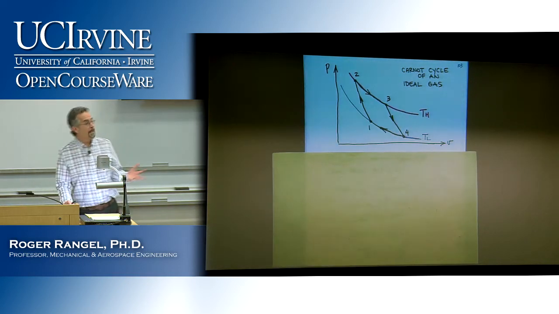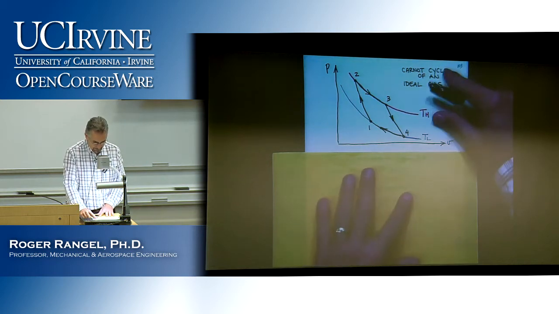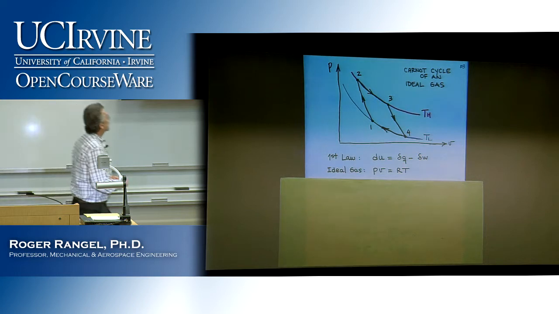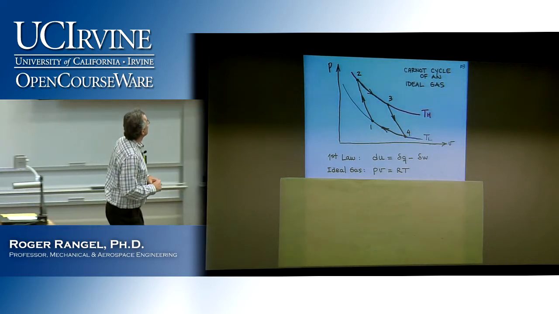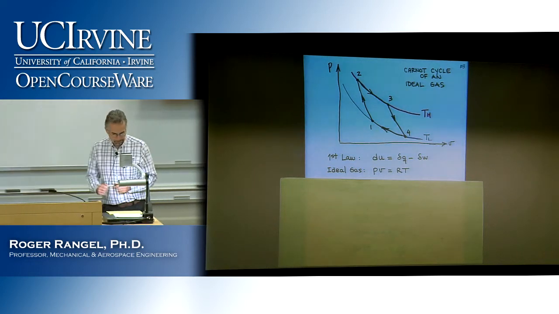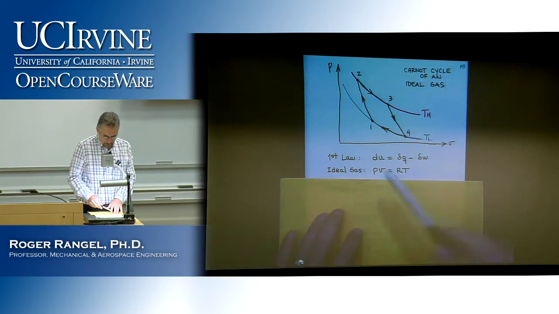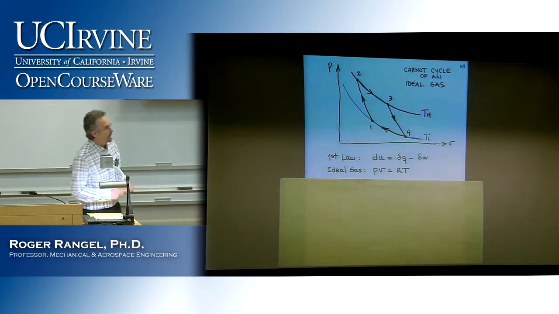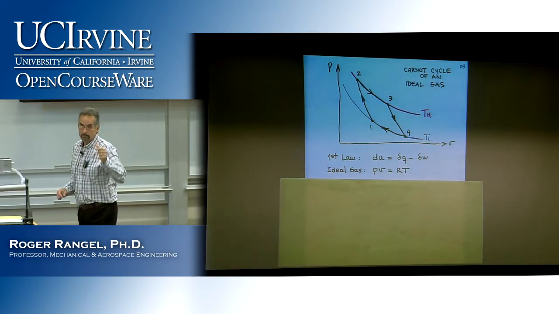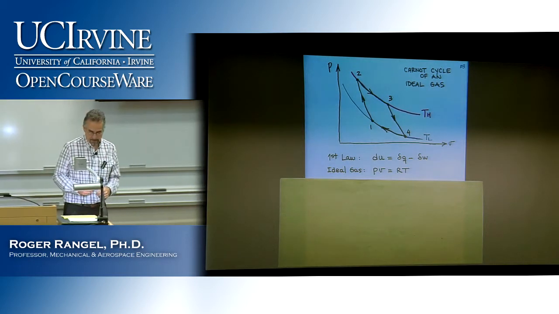And now we're going to analyze it with some equations. And the only equations really that we're going to use are those two: the first law of thermodynamics and the equation for an ideal gas. I wrote the first law in the so-called differential form, remember, it's for a short segment of a process.